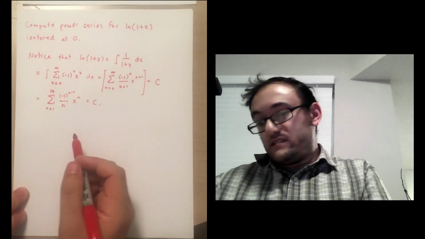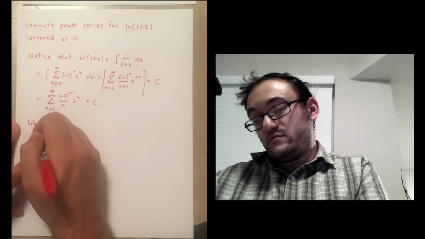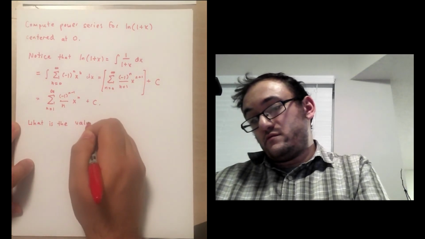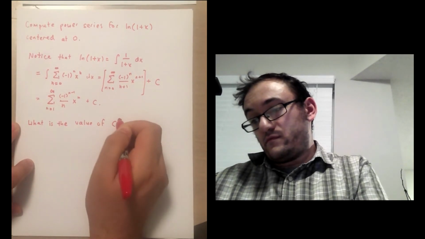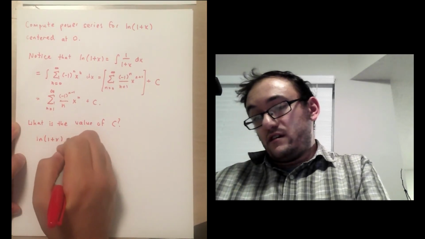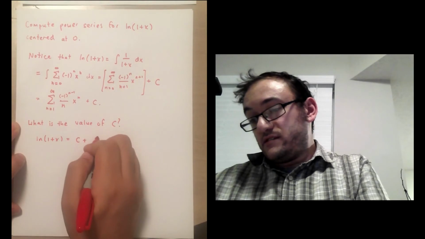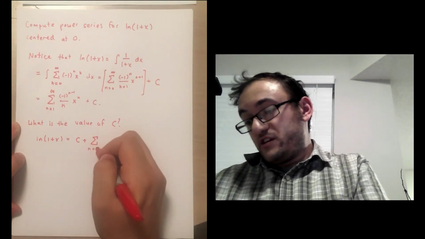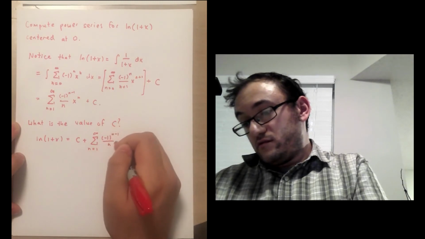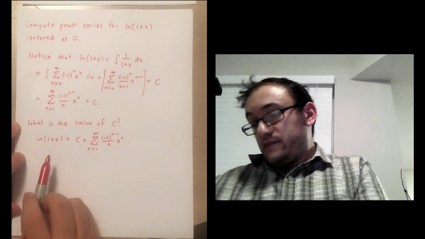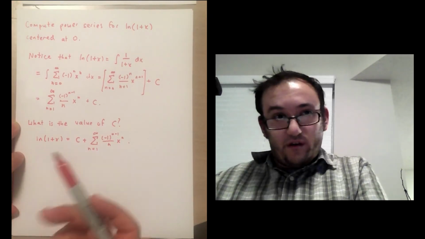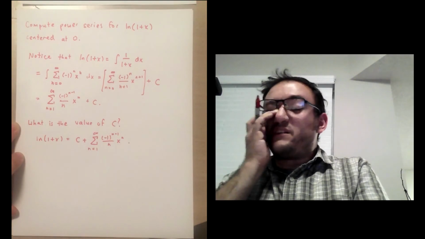How can I figure out what this c is equal to? Well, I know that log of 1 plus x is equal to c plus this power series, for all values of x in the radius of convergence, which we know just by looking at this problem is 1.